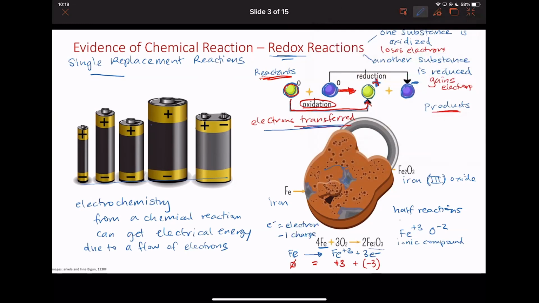When you have 3 electrons, that means 3 times -1, and that's how it's -3 worth of charge. And so the electrons are on the product side. When electrons are on the product side of the half reaction, that's the oxidation half reaction. Okay, so iron Fe is oxidized.